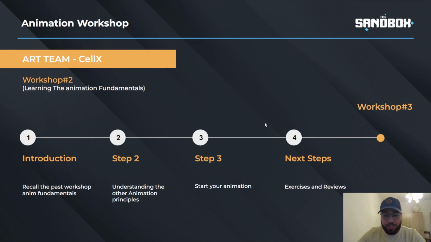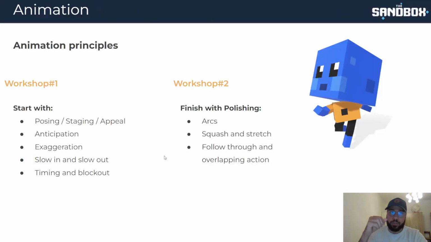So let's just start. Last time we talked about animation principles in workshop one: posing, staging, and appeal, and then anticipation, exaggeration, slow in and slow out, timing, and blockout. So we learned what they do and how they look when we implement these animations in the assets, in characters.